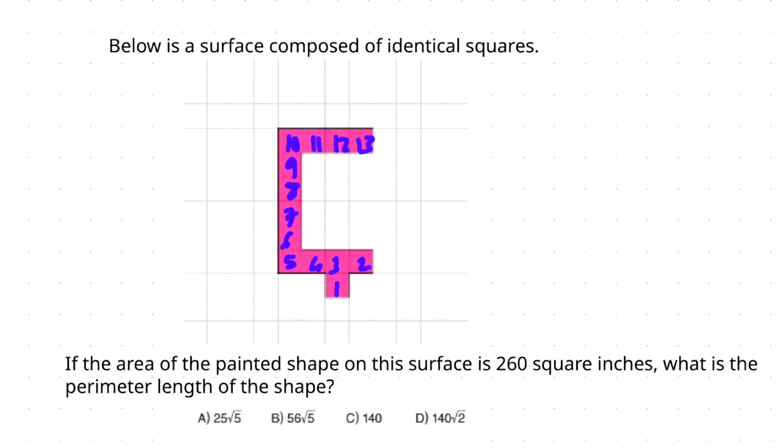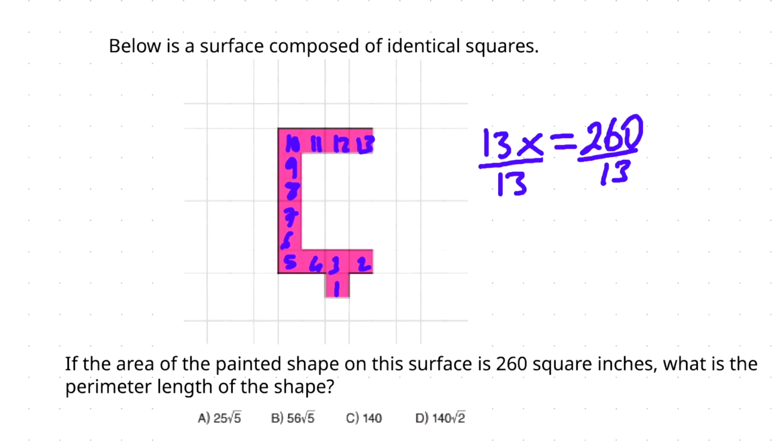So we have 13 squares. Let's say the area of one is X. Then 13x is given as 260 square inches. To find the value of x, we will divide both sides by 13.